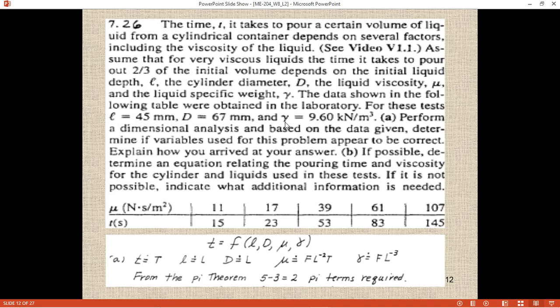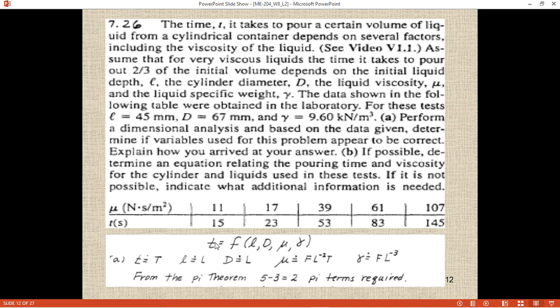If it is not possible, indicate what additional information is needed. First of all, we have to do the dimensional analysis, and to do it we use the Buckingham Pi theorem. We know the steps of the Buckingham Pi theorem. First of all, we write down the total dependent and independent variables.